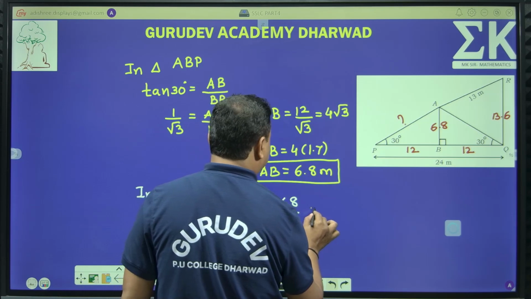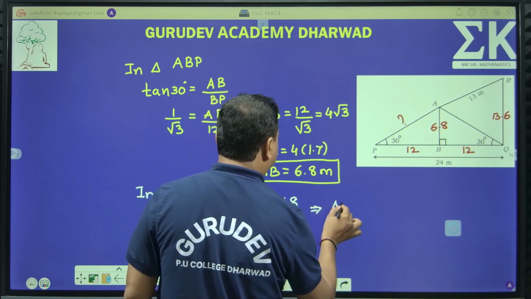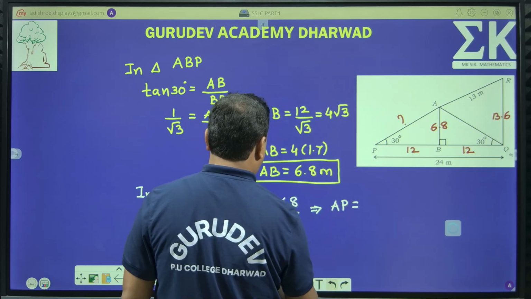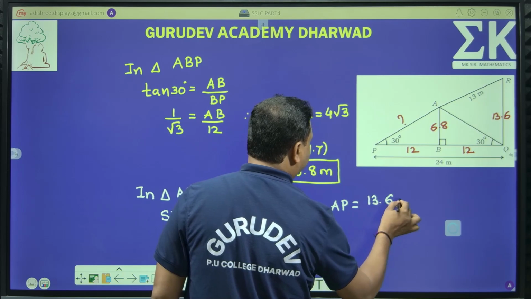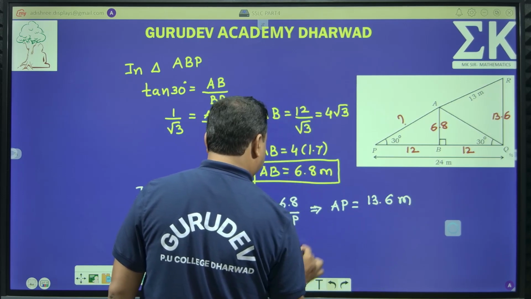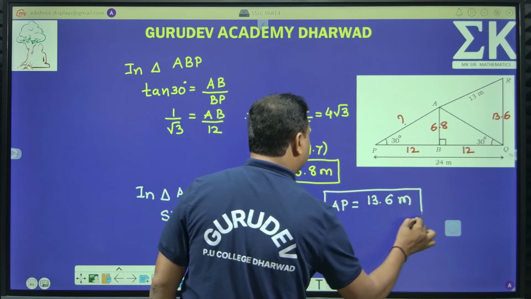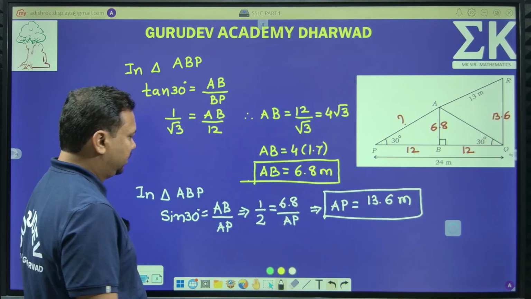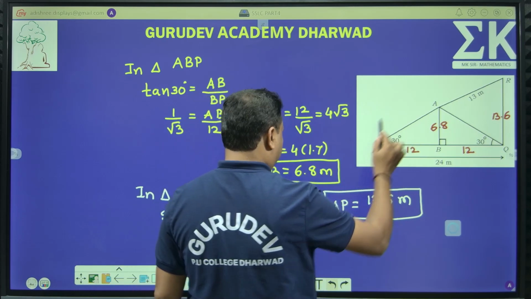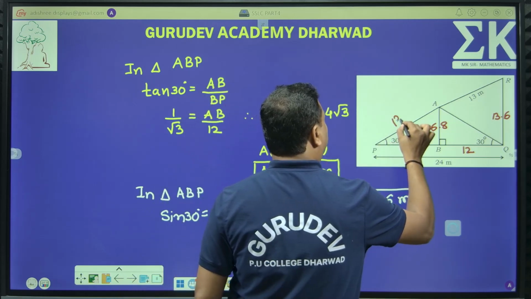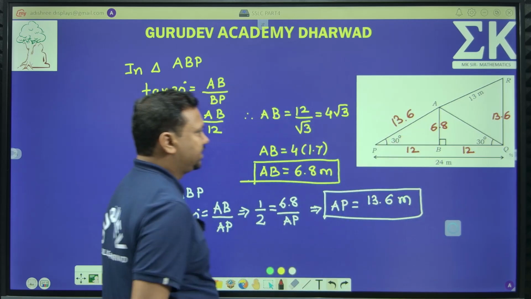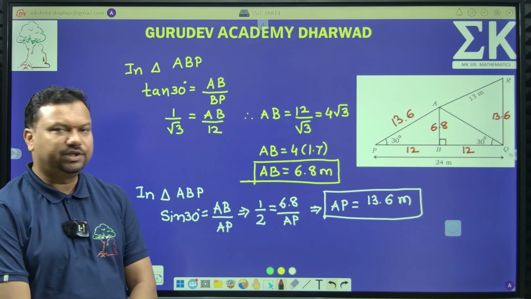This implies AP is equal to 2 into 6.8, which is 13.6 meters. So that is how we will calculate the AP length, right? AP is 13.6 meters. Clear? I hope you have understood the solution.